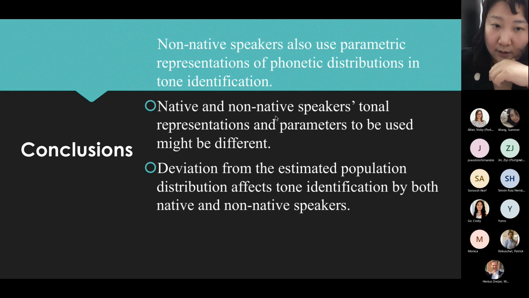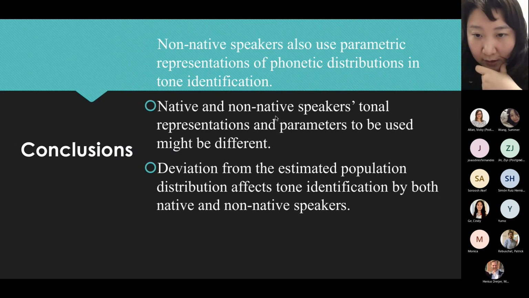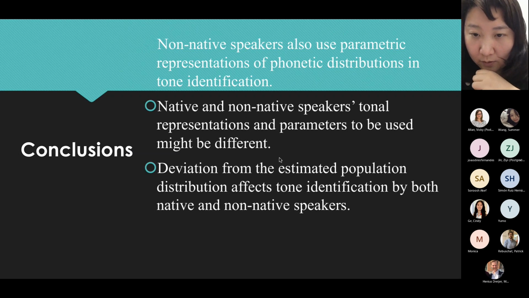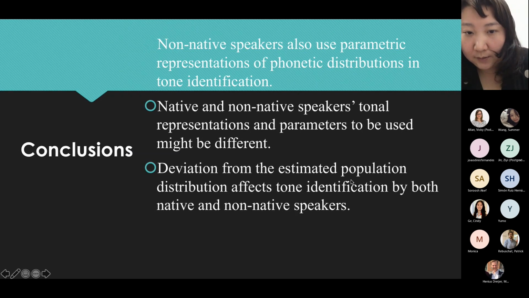So that's one of the biggest findings for the current study. And of course, we also found that if you created some simulated population distributions with deviation, then it will actually affect tone identification for both native and non-native speakers.